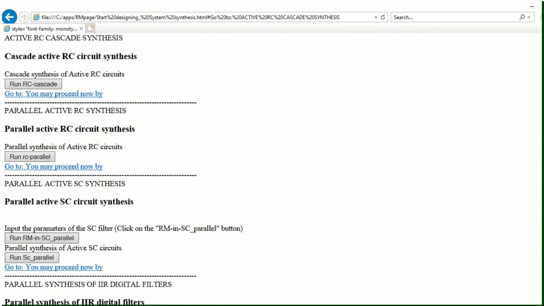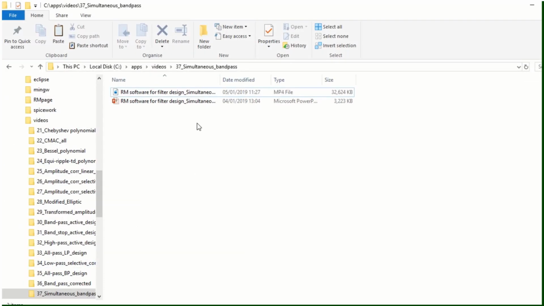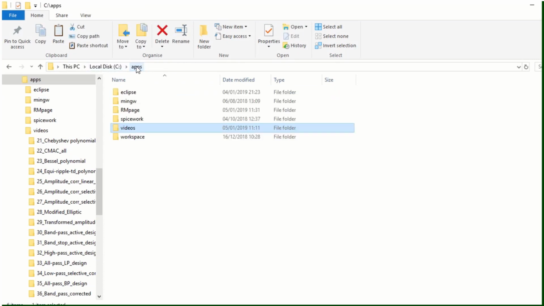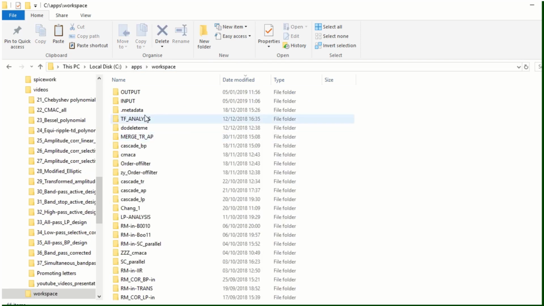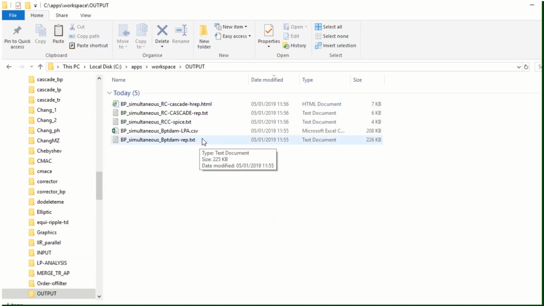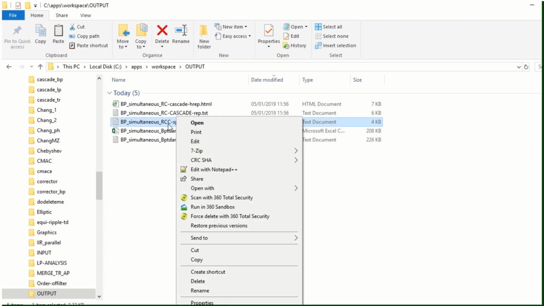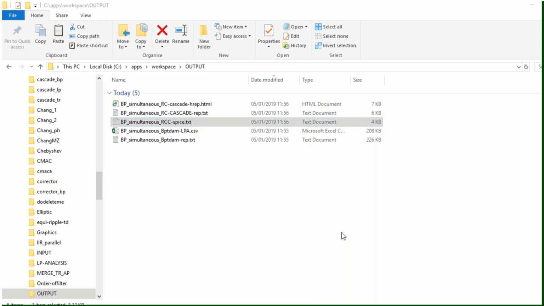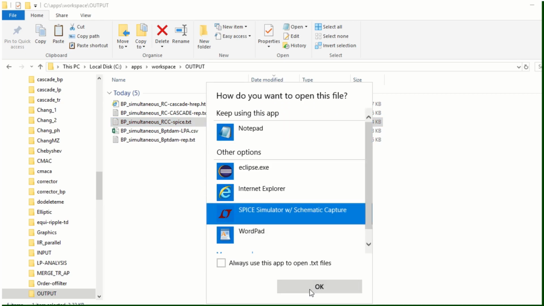Done. Let's see what we got. This is the SPICE. RCC means RC cascade. And we will open it with SPICE.